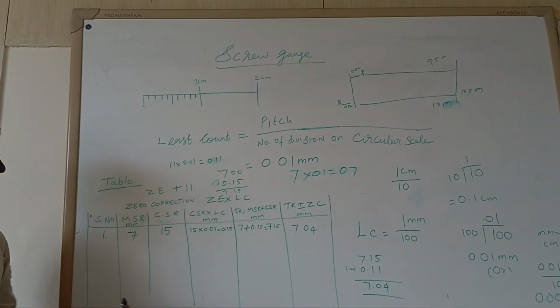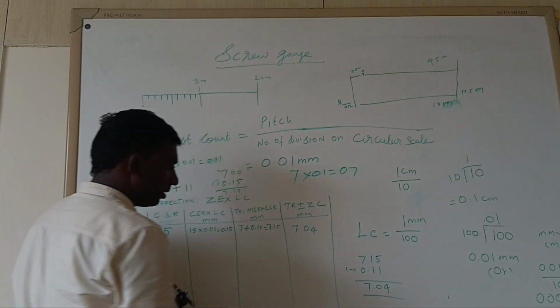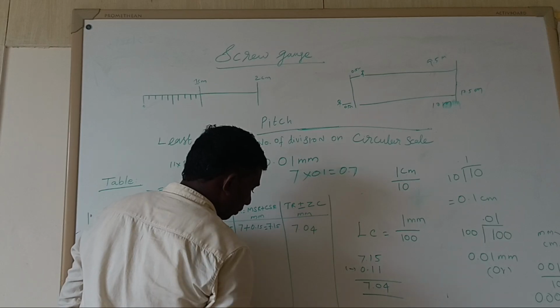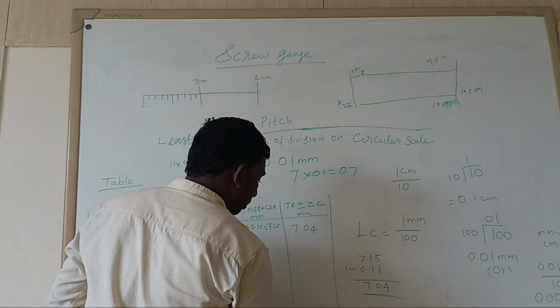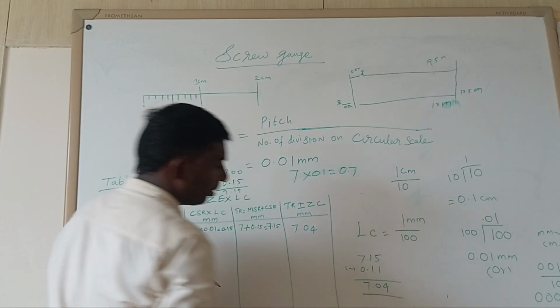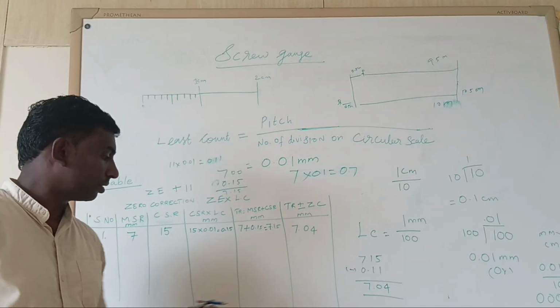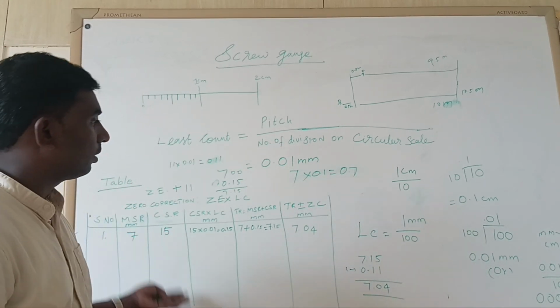Okay, there are 2 readings, 7.04. Again we take the same reading, similar way we can take it and we find D equal to 7.04. So 7.04 millimeter.